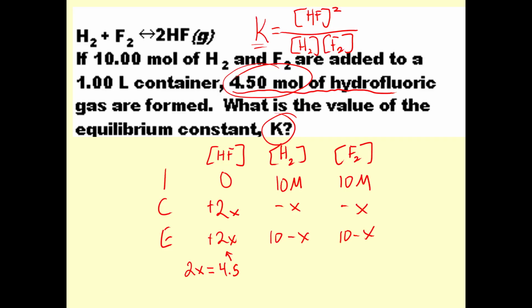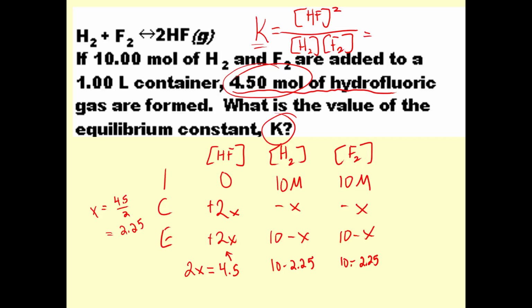So I can go ahead and solve for X. So if 2X equals 4.5, X equals 4.5 divided by 2, which means X equals 2.25. So I could plug it in. 10 minus 2.25 at equilibrium. 10 minus 2.25 at equilibrium.